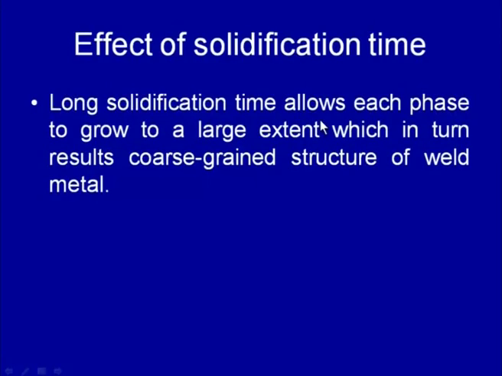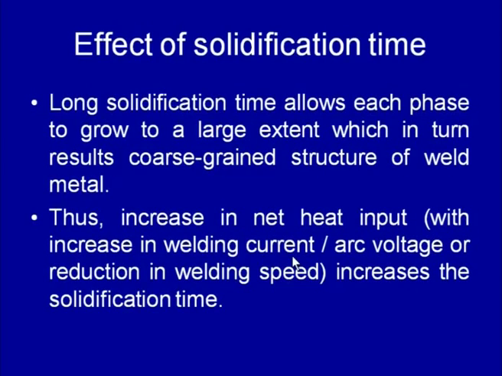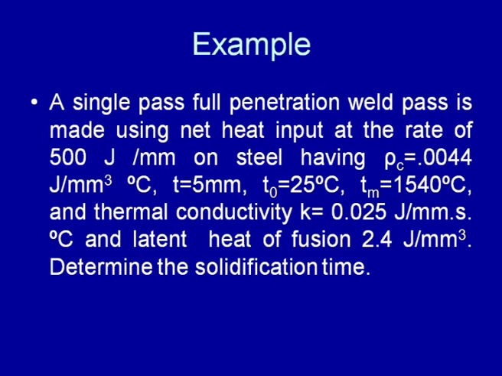A longer solidification time allows each phase to grow to a large extent, which in turn results in a coarse grain structure of the weld metal. Thus an increase in the net heat input, through an increase in the welding current or arc voltage, or a reduction in the welding speed, increases the solidification time.